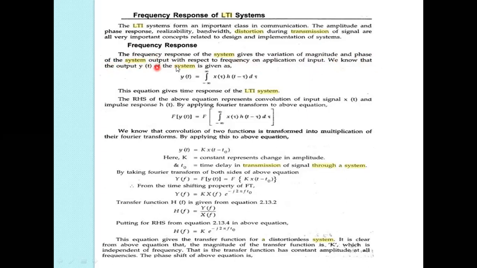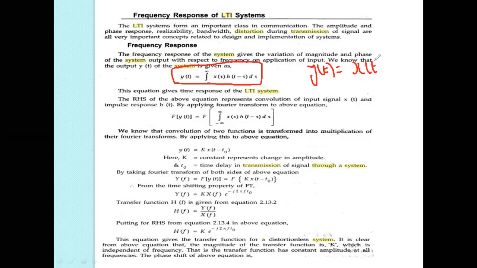We know that the output y of t of the system is given by the convolution formula. So y of t is equal to x of t convolved with h of t, where t is continuous time.